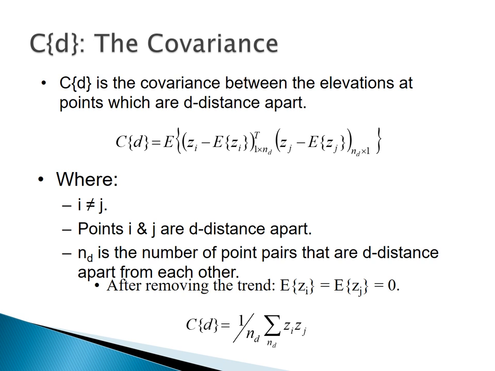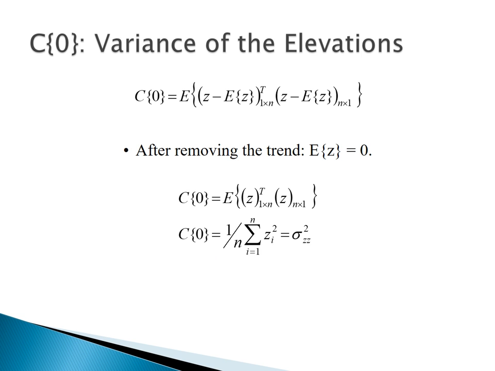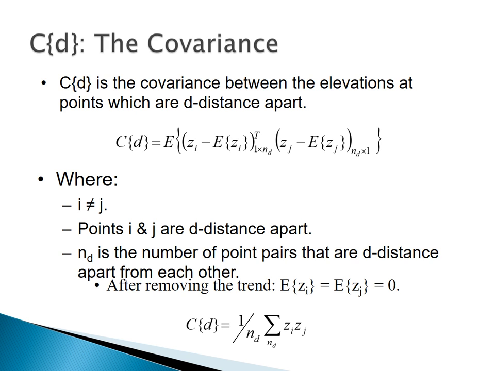Then we have the covariance, C(d). So back here, we have the variance of the elevations, which is C naught, and then we have the covariance, which is C(d). Again, we're looking at these expectations. If you know how to calculate an expectation of Z, then you can do it there. But to break it down and make it simple, we have 1 over N(d), the number of point pairs that are a certain distance from each other.